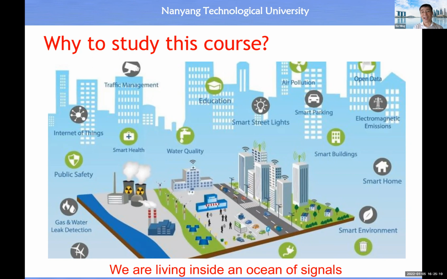And from this slide, you will see in industry and in society, there are many places which need to have intelligent system. For example, we may want to have a smart parking system, smart street lighting system, smart building system, smart home system, smart environmental system, smart healthcare system, etc. So therefore, this course is extremely important, right?